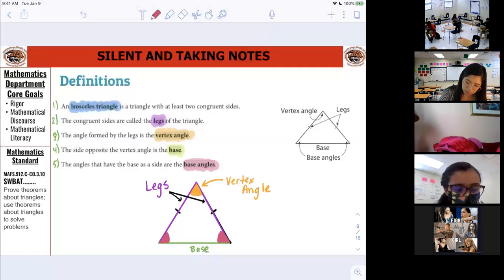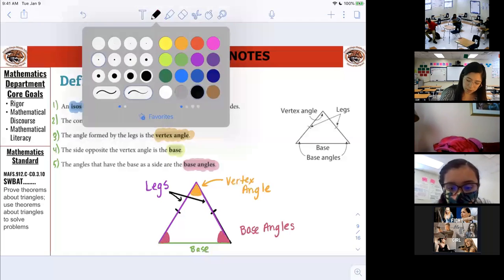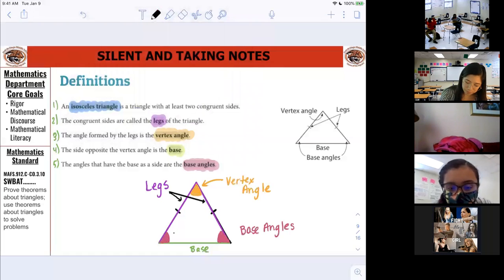So if the base is congruent to the legs, will it still be a base? If you have an equilateral triangle, then it just depends on the way that the triangle is rotated, whichever one's on the bottom. Okay, thank you. I understand.